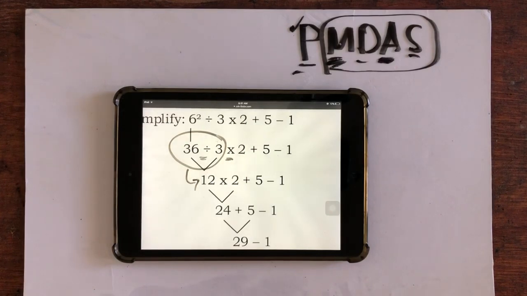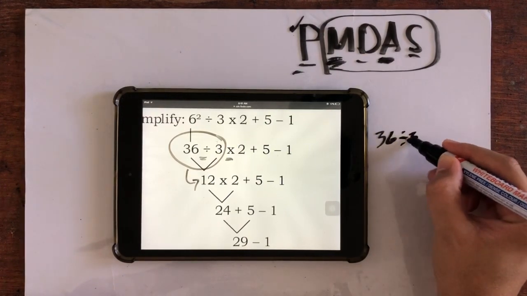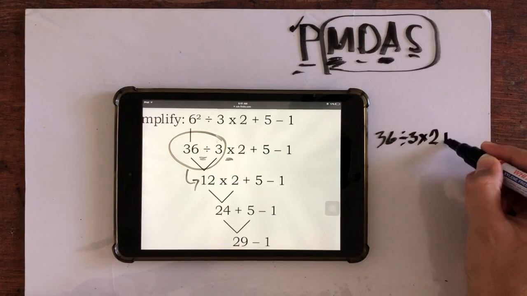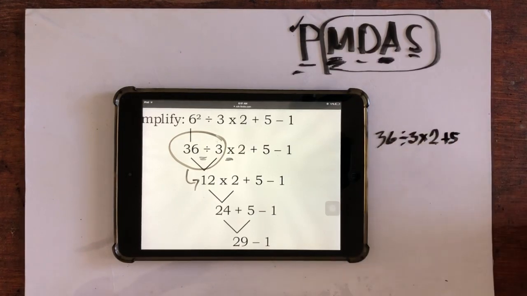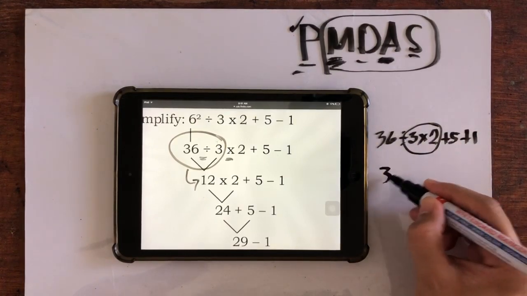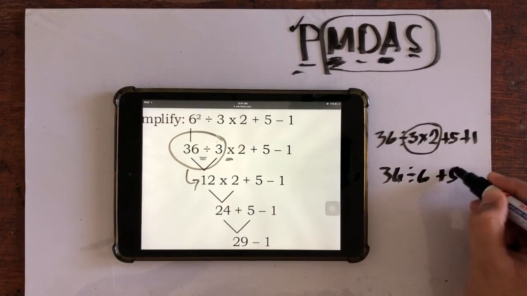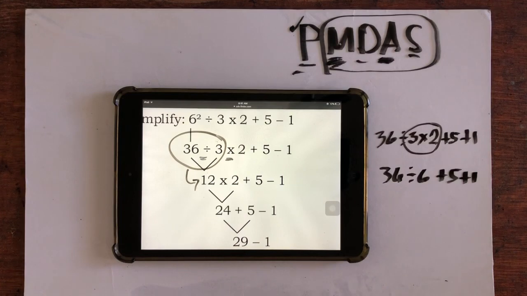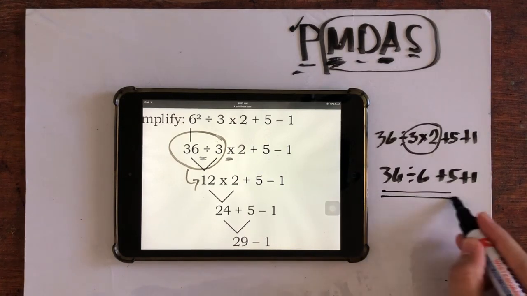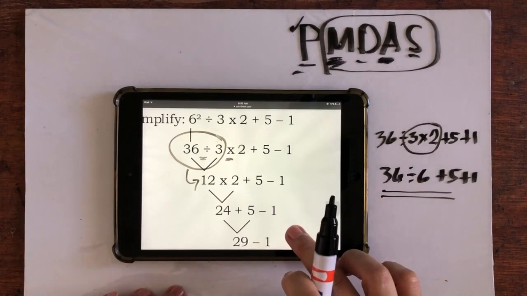Pero, kung ang gagawin natin ay 36 divided by 3 times 2 plus 5 plus 1, kung inuna natin yung multiplication, magiging 36 divided by 6 yan, plus 5 plus 1. Makikita natin na iba na yung solusyon doon sa sinasabi sa atin ng lesson, di ba? So, anong mangyayari? Siyempre, magiging mali na yung sagot natin.